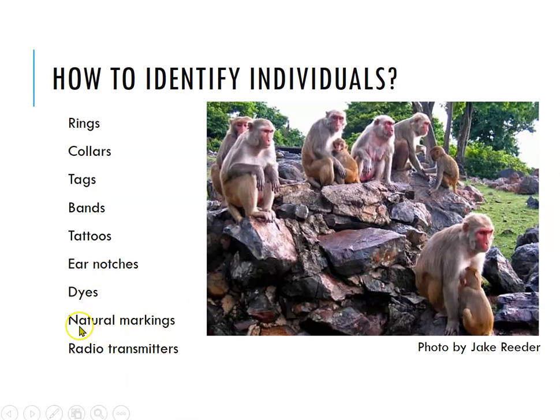You can also use natural markings. I know when I did work with killer whales, we can actually identify each individual killer whale in a population based on their saddle patch, which is that white swoopy mark that's behind their dorsal fin. Each individual has their own pattern.